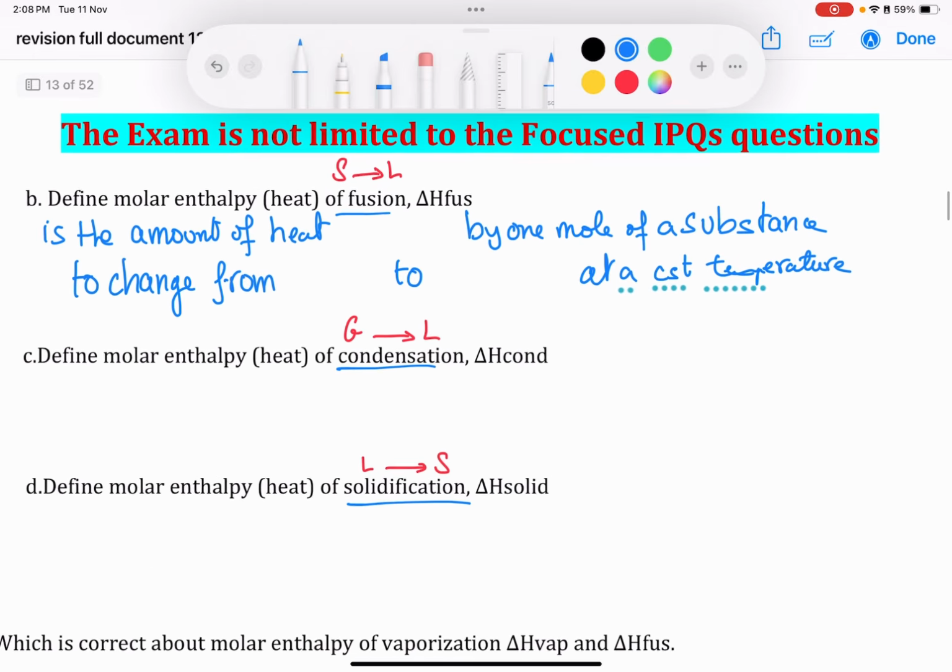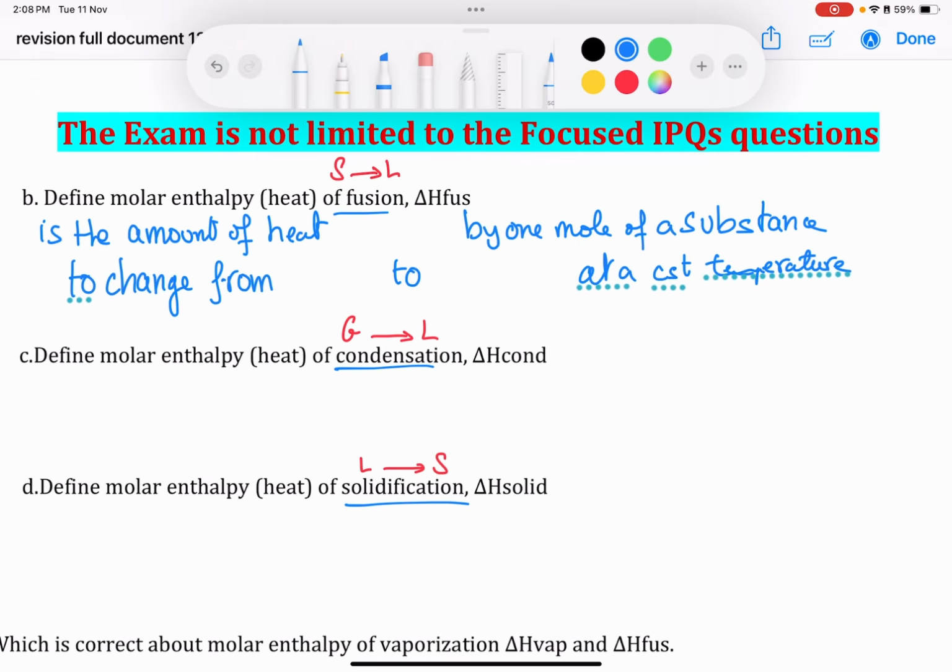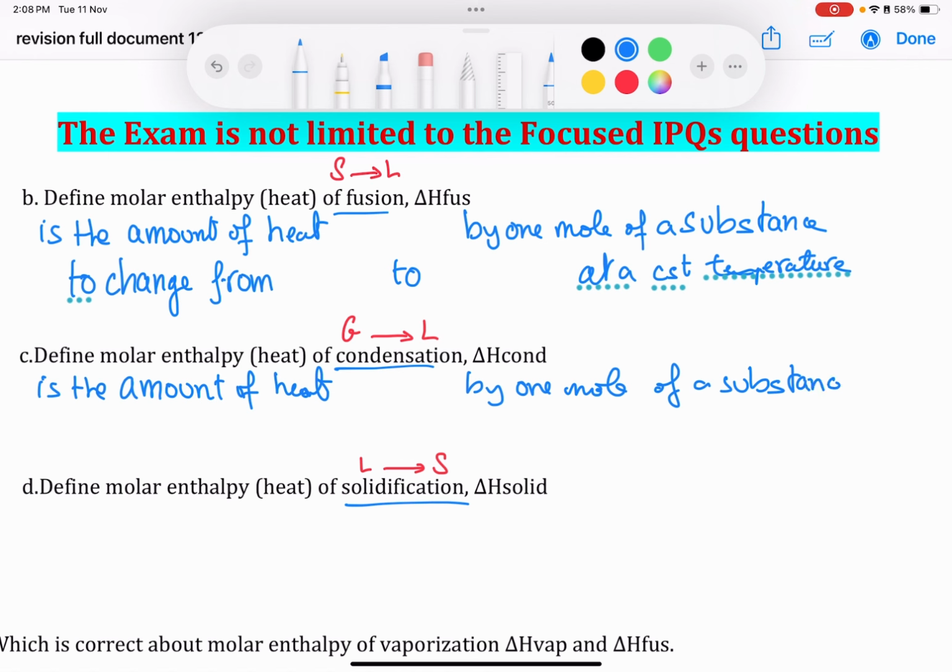Okay? That is the same sentence. You are going to put it in the 3. And the amount is the amount of heat by 1 mole of a substance to change from to at a constant temperature.